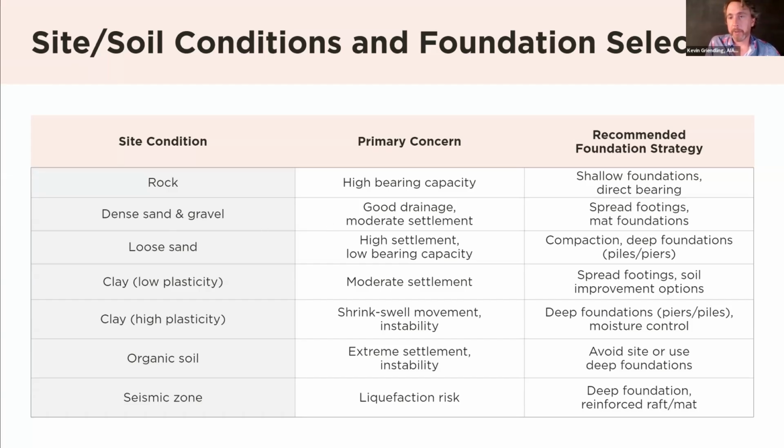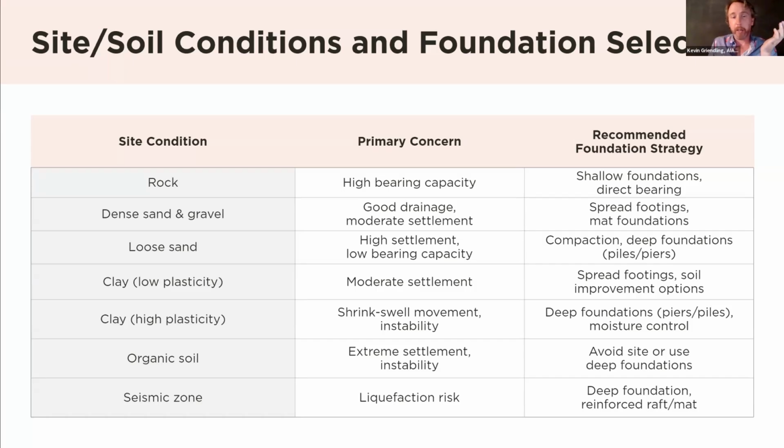But that's a good option for spread footings and mat foundations. You don't have to go deep because it's dense. If you're in a site that has, let's go to clay, right? Clay with high plasticity. Plasticity is essentially its ability to expand and contract, and acting plastic.